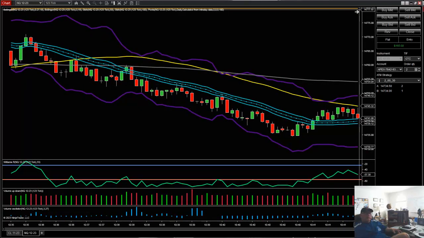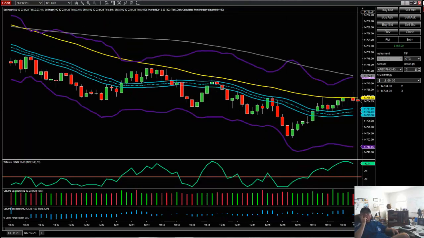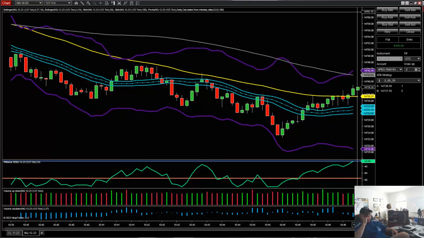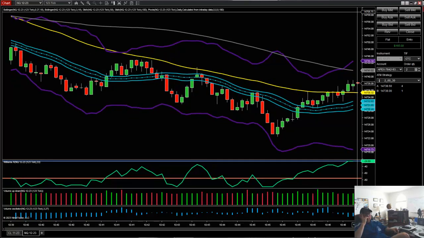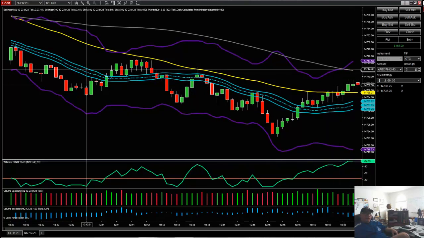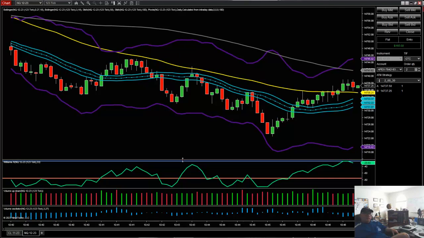I'm looking for this line here. Finally see the blue line coming in right now. Williams percent R.